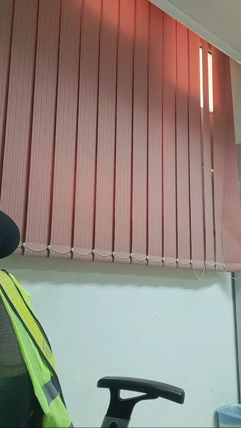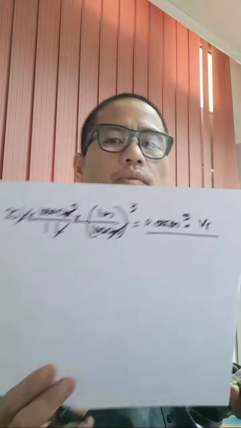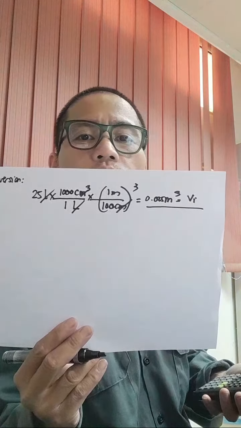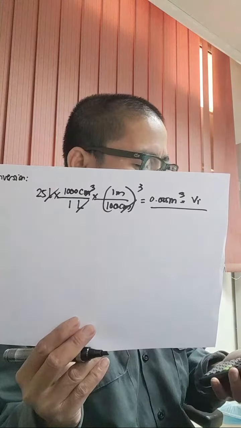So, calculator. This gives 0.025 cubic meter, which is our initial volume. So 25 liters is equal to 0.025 cubic meter.